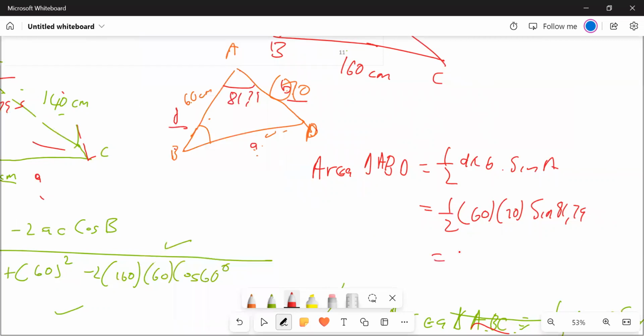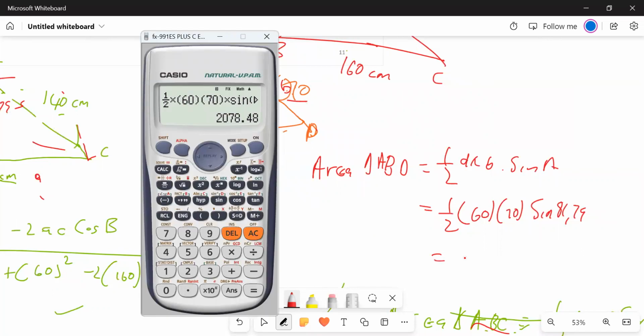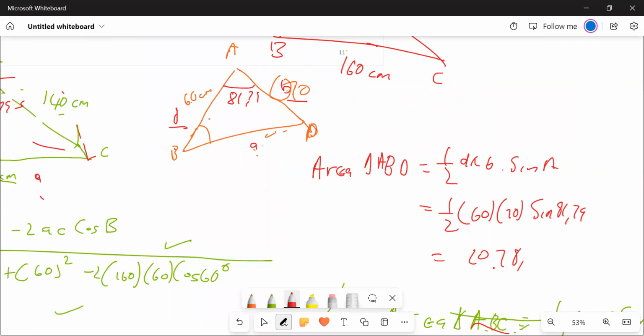Then you get the area. Again, this is centimeter; if it's an area, it's going to be centimeter squared. So you get 2078.48, and this is centimeter squared.